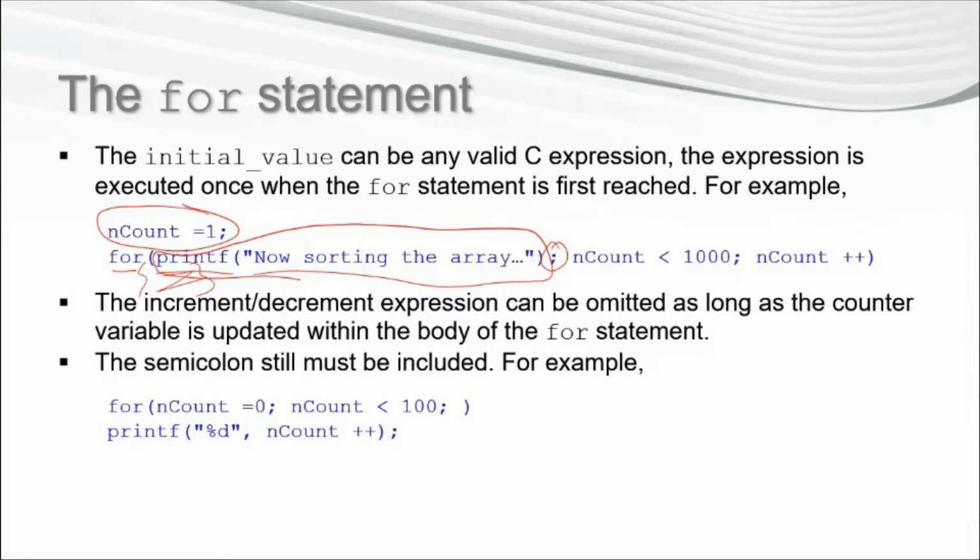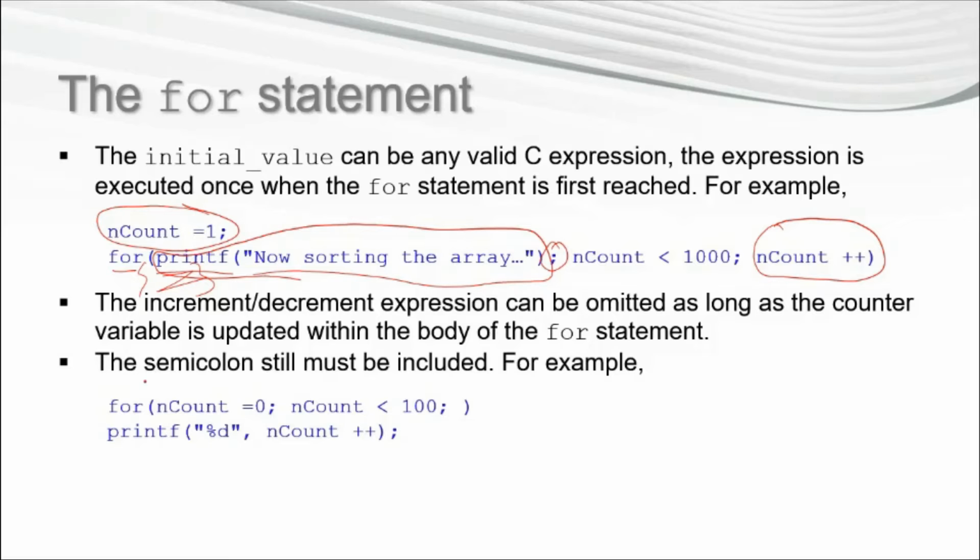So the increment or decrement expression can be omitted as long as the counter variable is updated within the body of the for statement. This increment or decrement can also be omitted if the increment is done inside the code itself, inside the body of the for statement, or inside the block of code that is being executed inside the for loop.